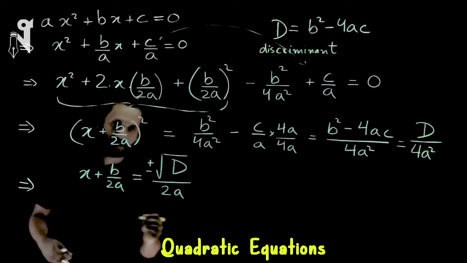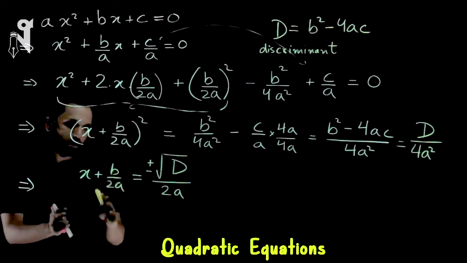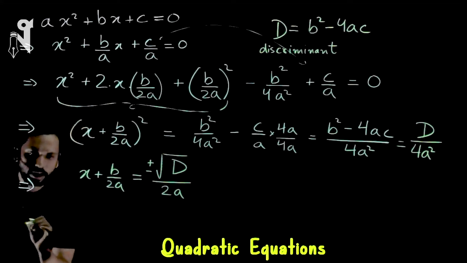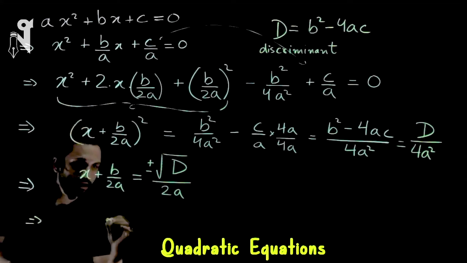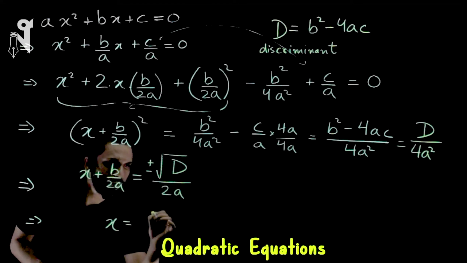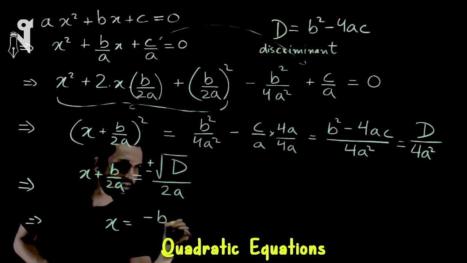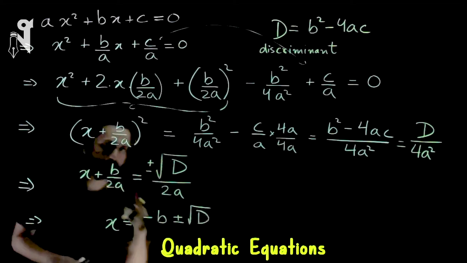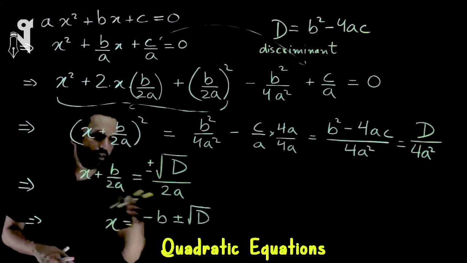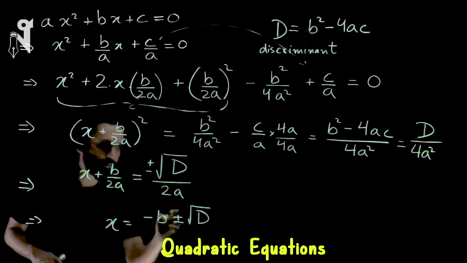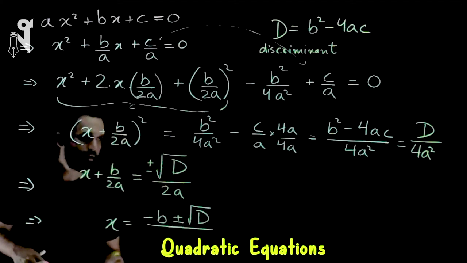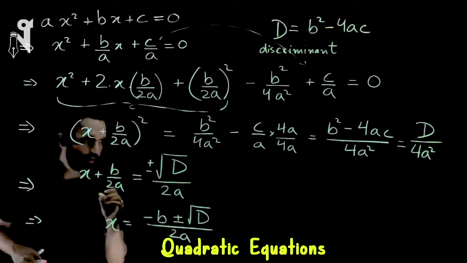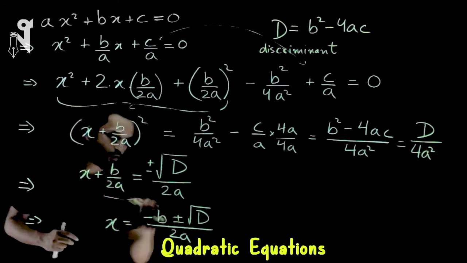The next step is we write x on one side, and these are just numbers on the other side. So we have x equal to minus b plus minus root D. This b goes on the other side, becomes minus b, and since both had the same denominator, I'll add a big divided by line over there and a 2a. That's my formula.